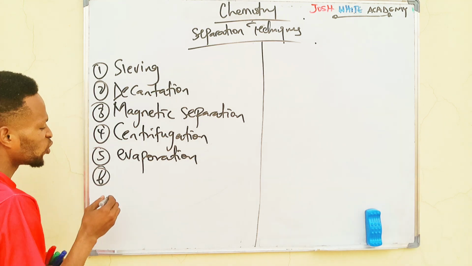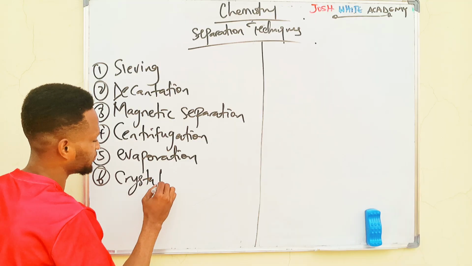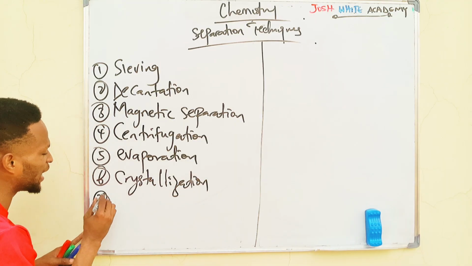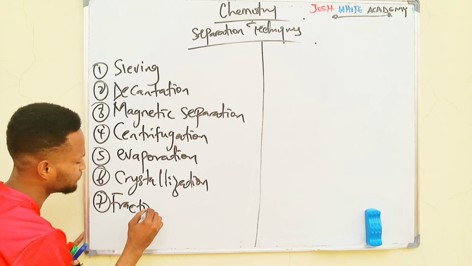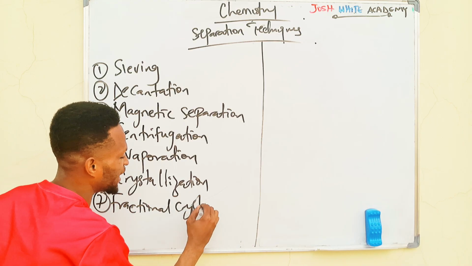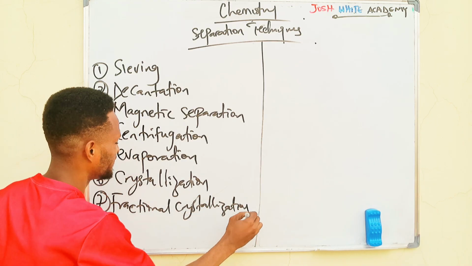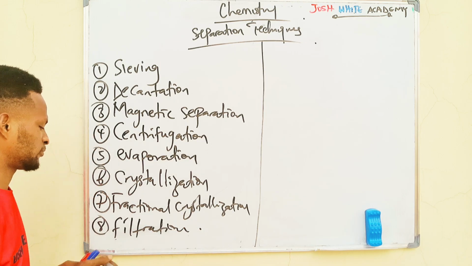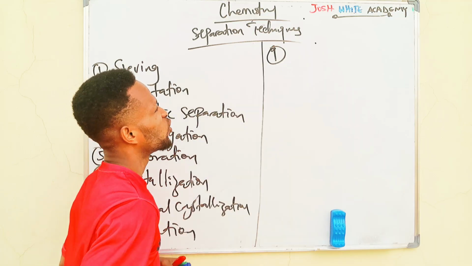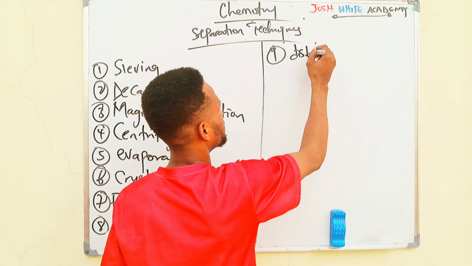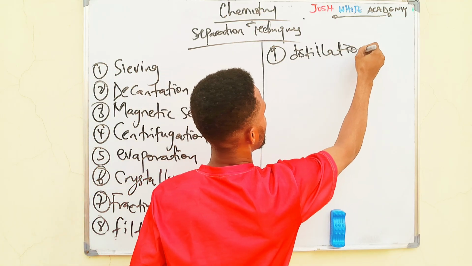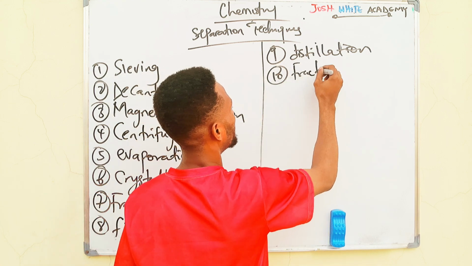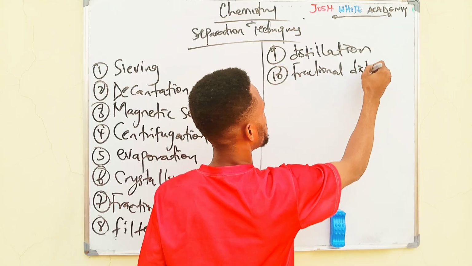Number six, we have crystallization. Number seven, we have fractional crystallization. Number eight, we have filtration. Number nine, we have distillation. Number 10, we have fractional distillation.